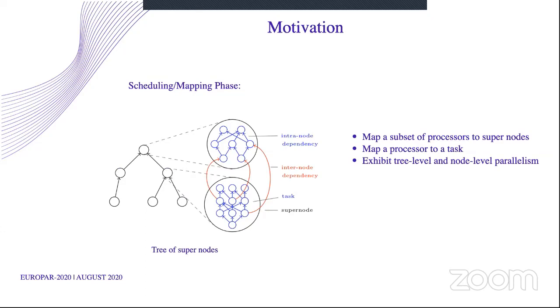At the scheduling and mapping phase, we map processors to tasks. The first step is to map a subset of processors to supernodes. Then a processor in the set will be selected for each task of a supernode at the second step. In this way, we can exploit tree level and node level parallelism and reduce the scheduling complexity.